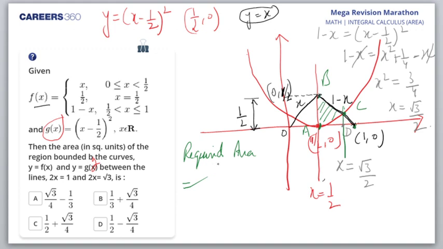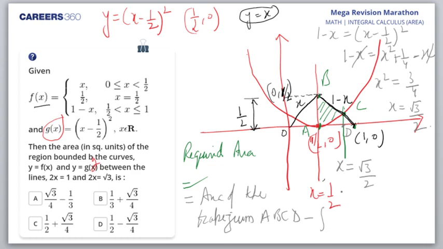Now the required area. The required area would be the area of the trapezium, which trapezium? ABCD. From this trapezium, I'll subtract the area which lies below the parabola. So that is the area of the trapezium ABCD minus this particular blank area, that is ACD, whatever it holds.